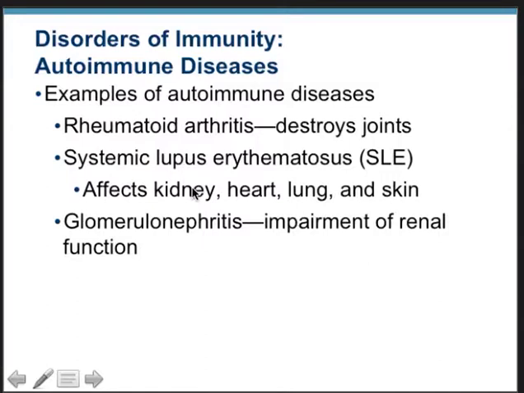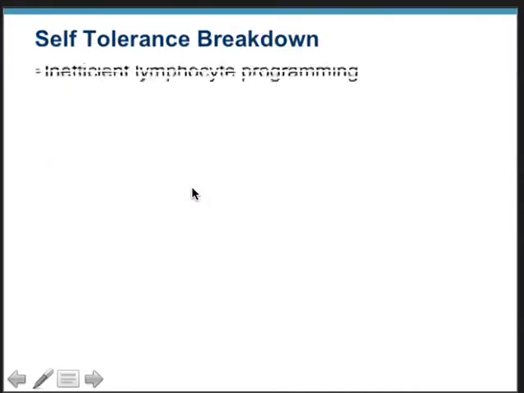Glomerulonephritis results in impairment of renal function. And again, this is an immune attack on the nephrons, the filtration units of the kidneys. We can also have a self-tolerance breakdown where we have insufficient lymphocyte programming.